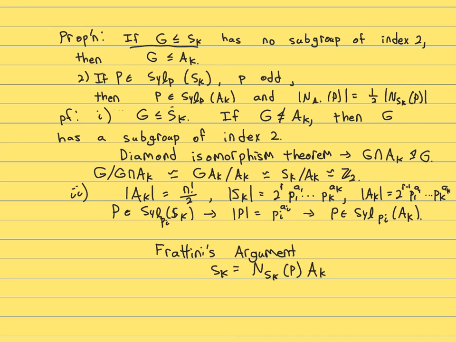Why do we use this? It's mainly to note the fact that since S_k, the symmetric group, is not the alternating group, it is certainly the case that this normalizer is not a subgroup of A_k. So it has a subgroup of index 2.